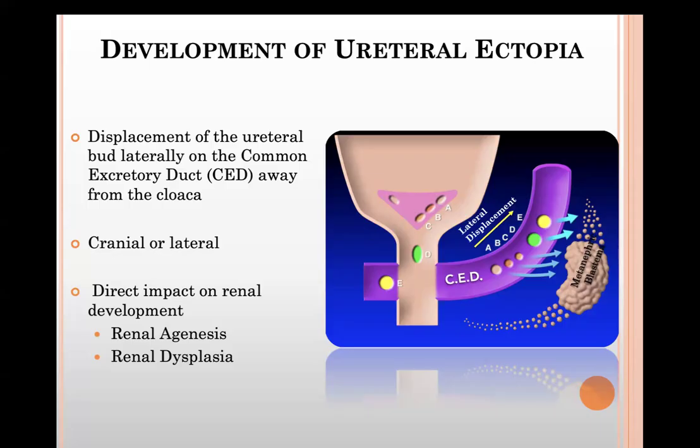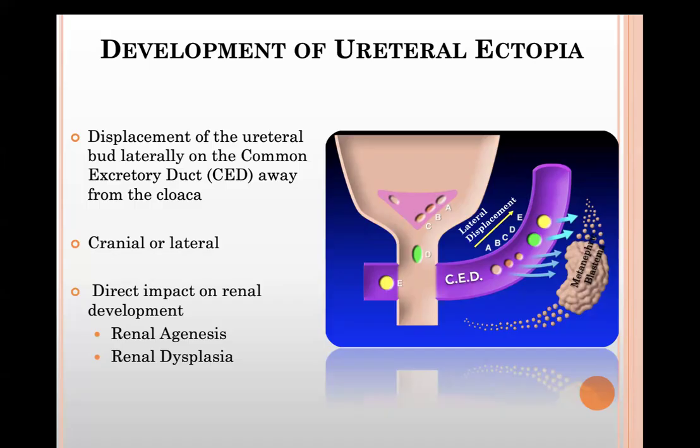If it's really laterally displaced out here at E, as it develops, it may not even touch the metanephric blastema, and hence you will not even develop a kidney. You'll end up with renal agenesis. If it develops at, say, C or D, where it's way malpositioned, you may end up with a malformed kidney or developing renal dysplasia. And we see that quite frequently with this disorder.